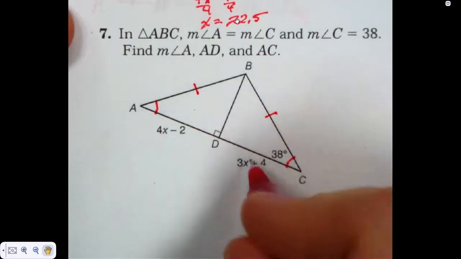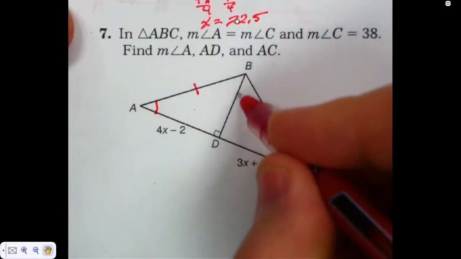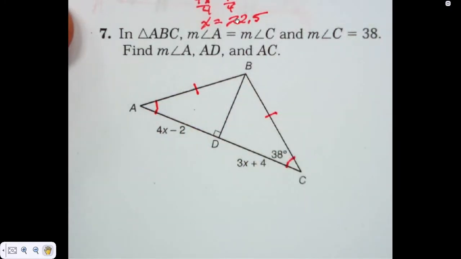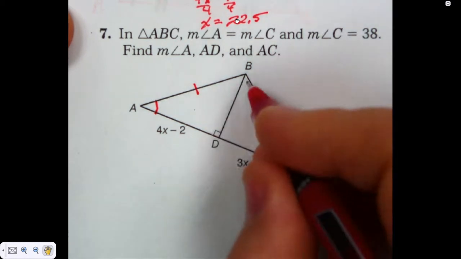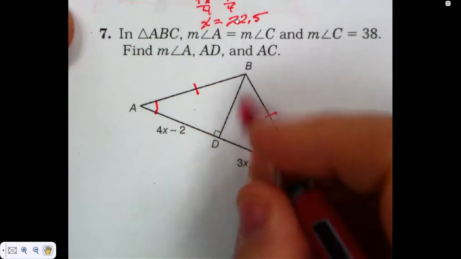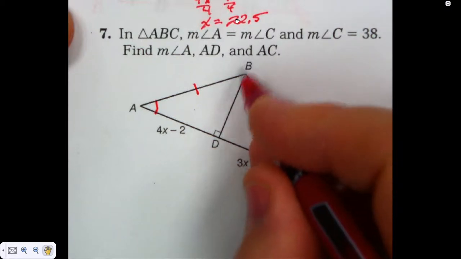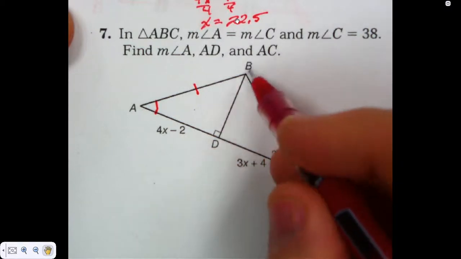And they also gave us this information down here. What is significant about this line? Look at the third thing I gave you in your notes. What did I tell you? The perpendicular, the altitude of the vertex, basically, which is what this is, right?